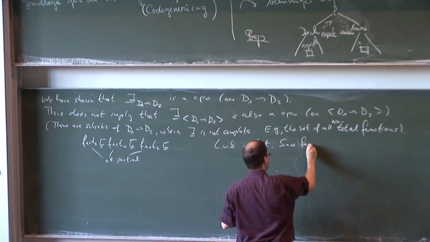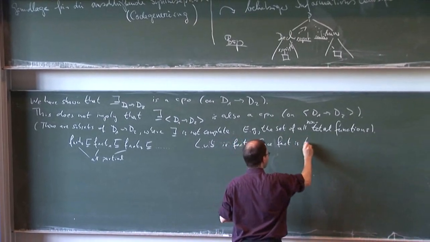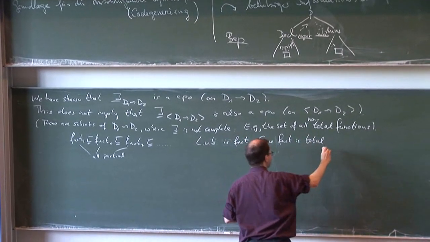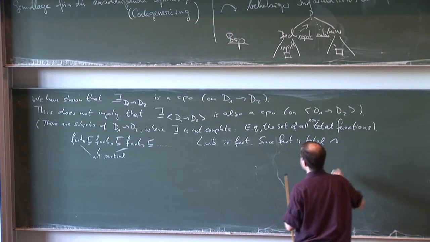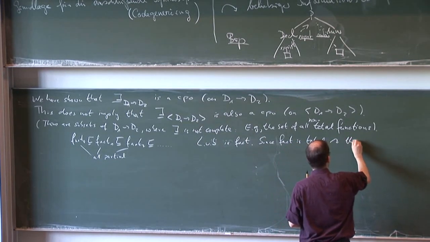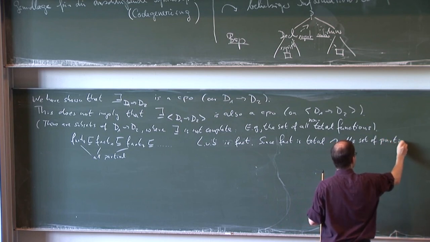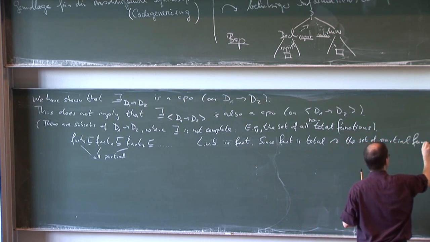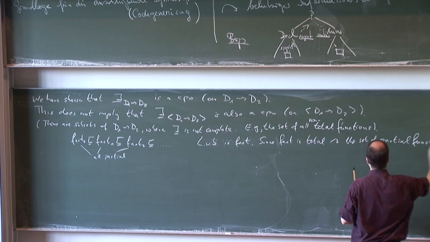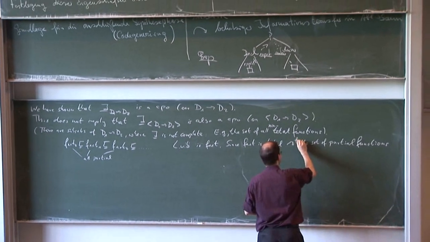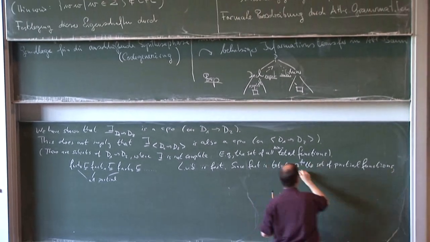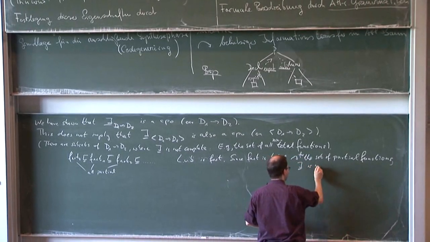So since fact is total, it is not in the subset, and therefore we can see that for the set of partial functions, this less defined or equal relation is not complete.